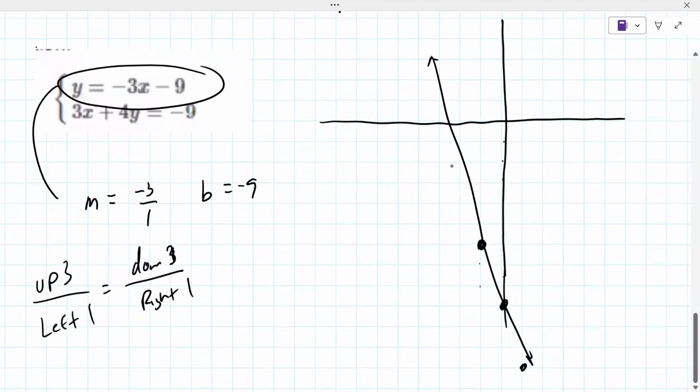It's 1, 2, 3. That's the third one there. Is that okay? Yeah.